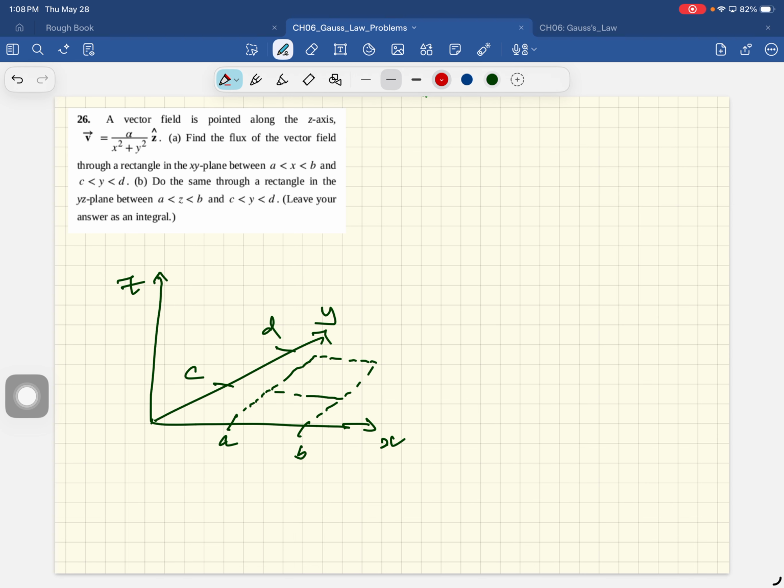Again, you're learning to do simple two-dimensional integrals, surface integrals.